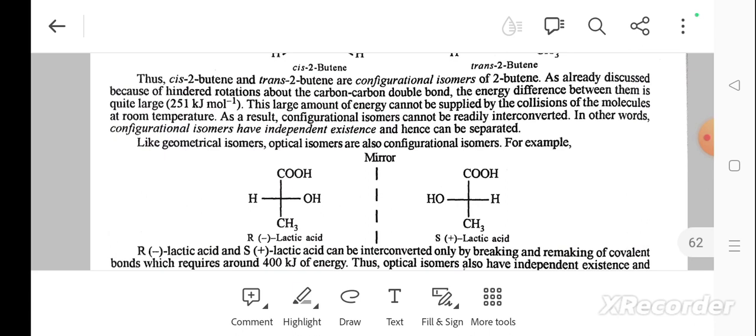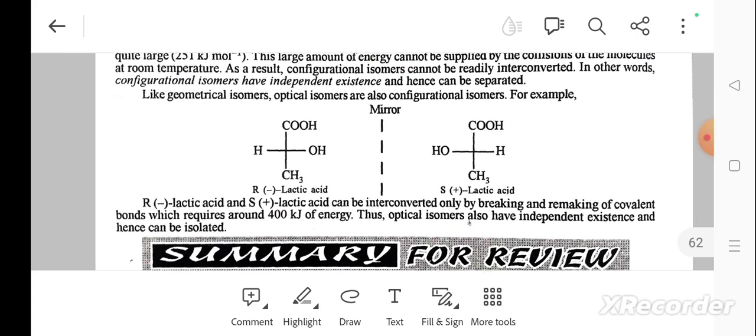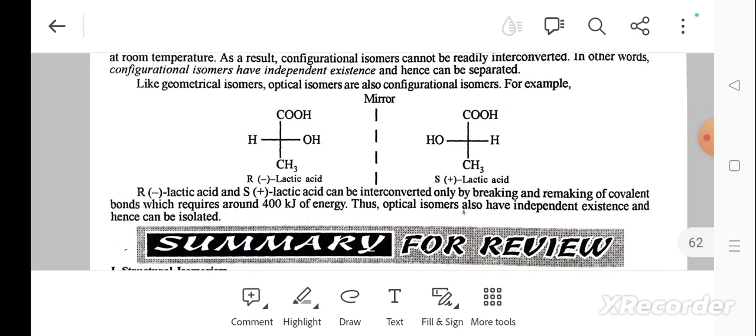Like geometrical isomerism, optical isomerism is also configurational isomerism. For example, (R)-lactic acid and (S)-lactic acid can be interconverted only by breaking and remaking a covalent bond, which requires about 400 kilojoules of energy. Thus, optical isomers have independent existence and hence can be isolated.